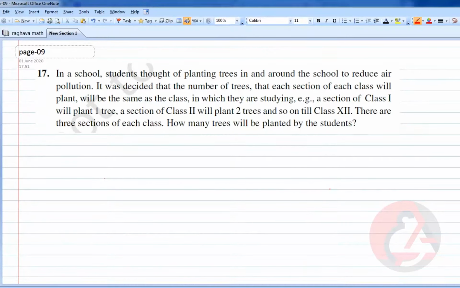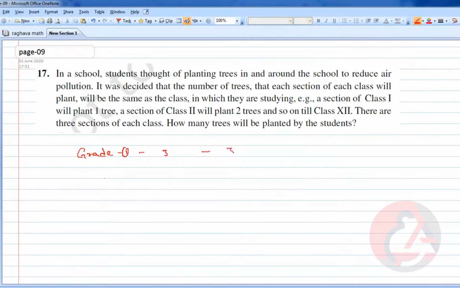May I know how many trees will be planted by grade 1? There are 12 grades in the school. Somebody open the mic and let me know how many trees will be planted by grade 1. 3 trees, because grade 1 has 3 sections.